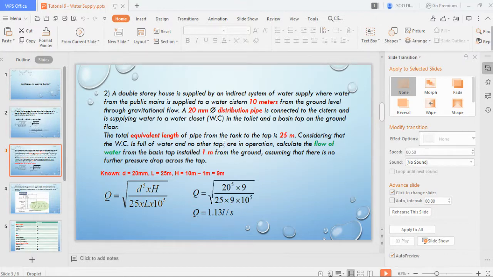Because of this information, you have to use 10 meter minus 1 meter, and your head will be 9 meter. So you put in the information, and you'll be able to find the flow of water for this question, which is 1.13 liter per second.